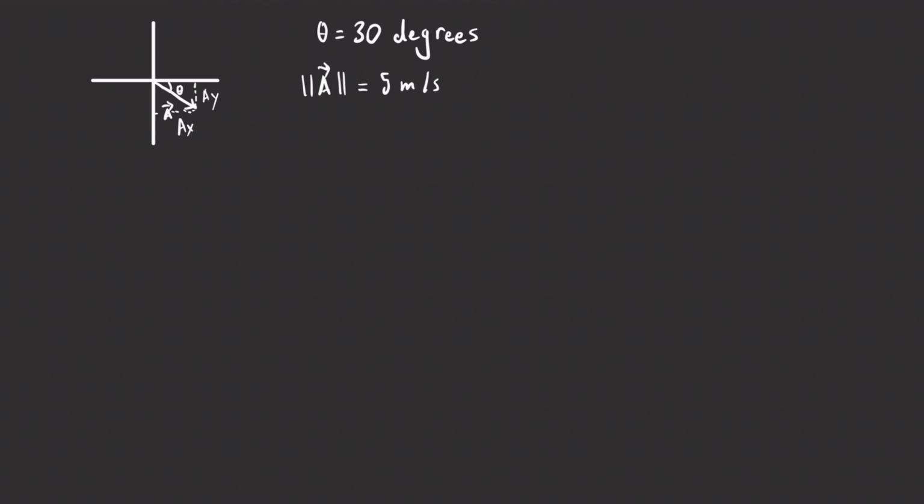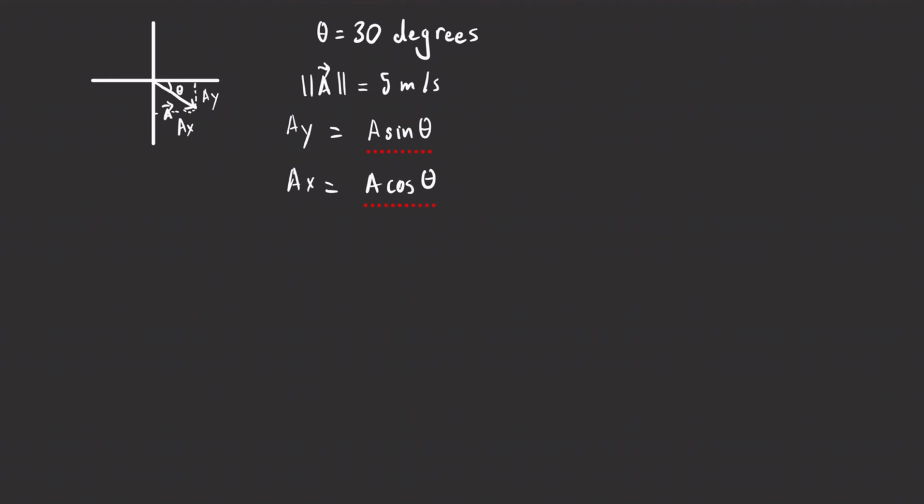So if we recall the trigonometry I showed earlier, we can say that ay is equal to a, and when I write a here without the lines, just know I mean the magnitude of a. So a sine theta. And for x, a cosine theta.